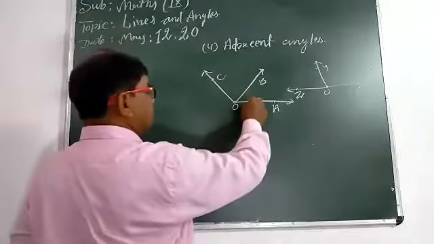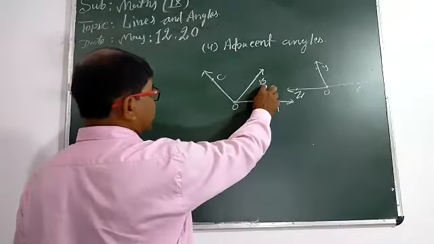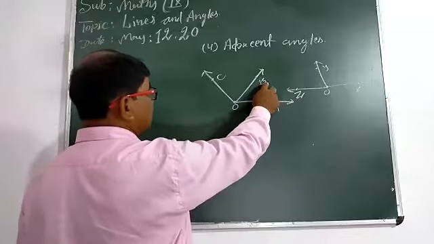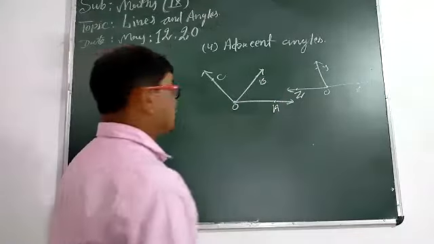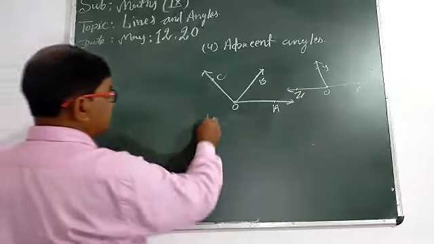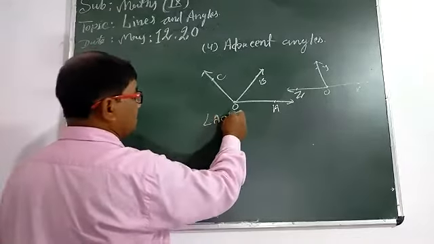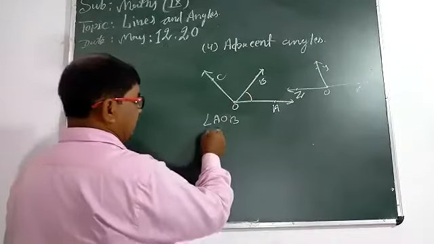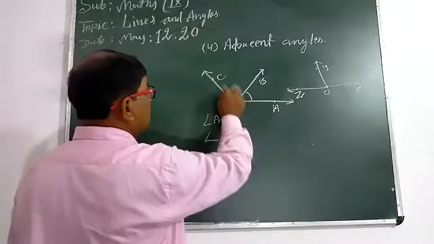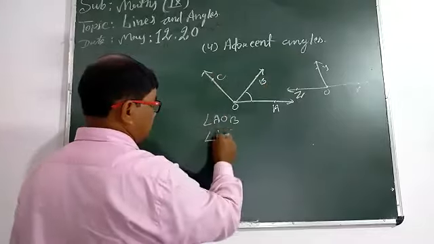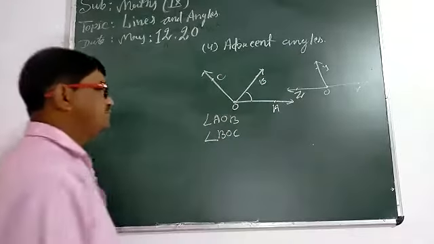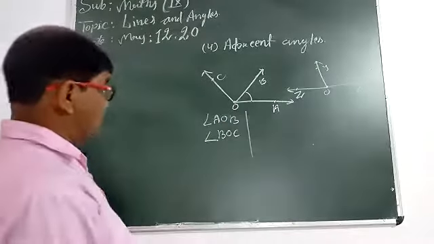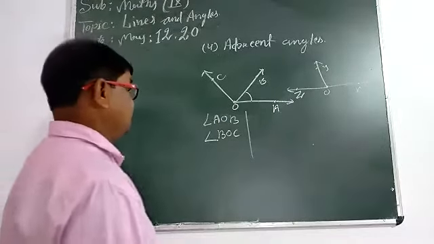Now students, take here angle AOB and angle BOC. Check angle AOB, this angle. And angle BOC, or COB. Let us try to understand the parts of an angle.